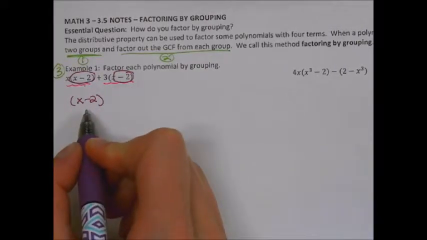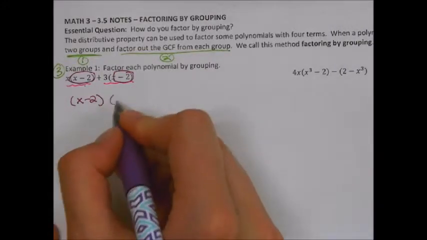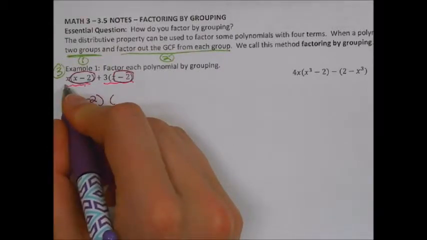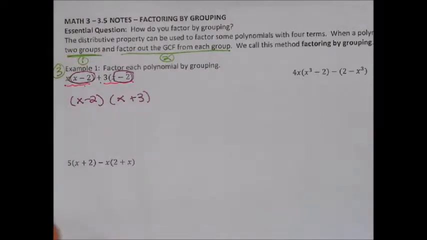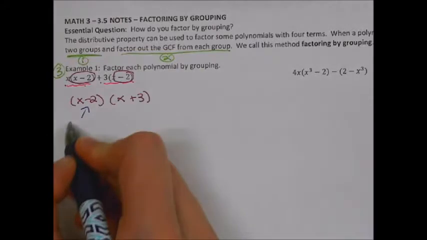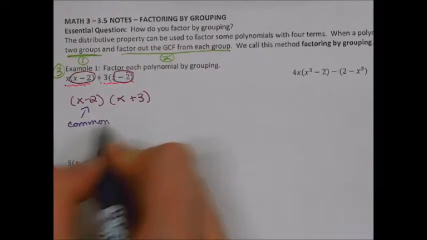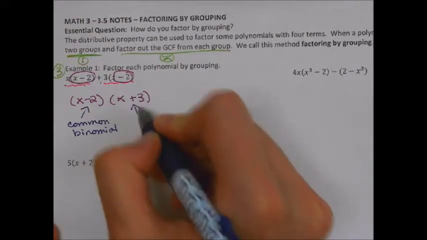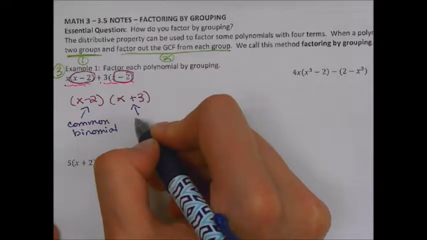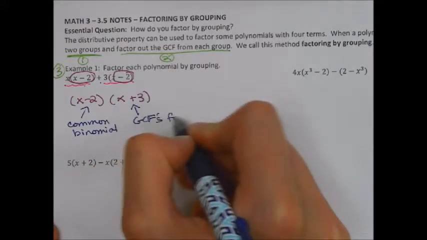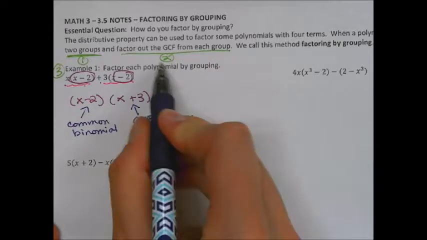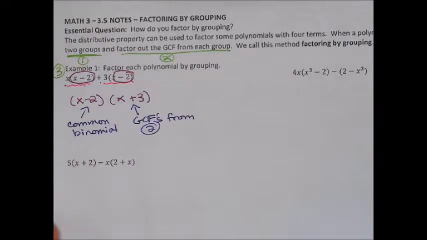We're going to factor out the x minus 2, and then write what's left over. What's left over? We have an x plus 3. If you want, you can think of that as this was our common binomial, and these were our original GCFs. So these were the GCFs from step 2, and that's the step that was already done for us, this step right here.